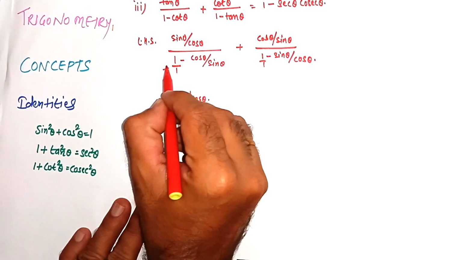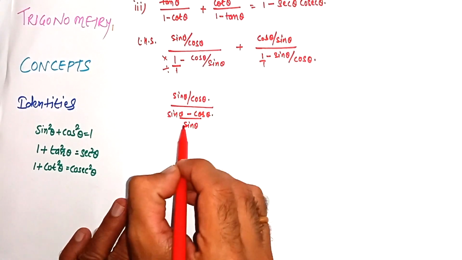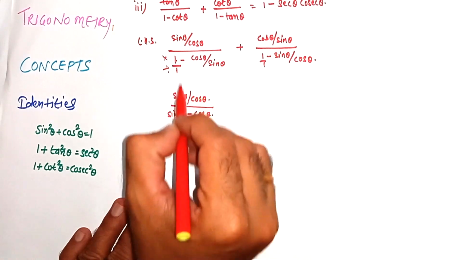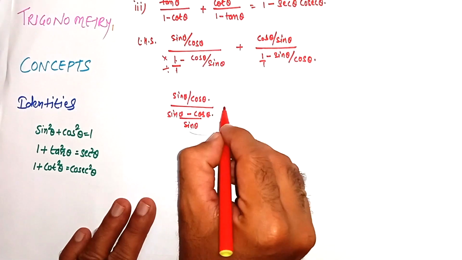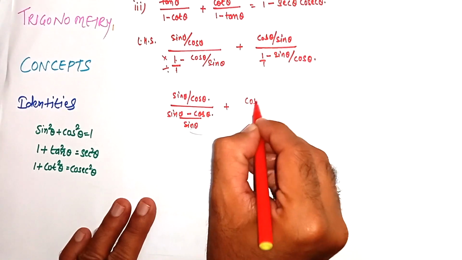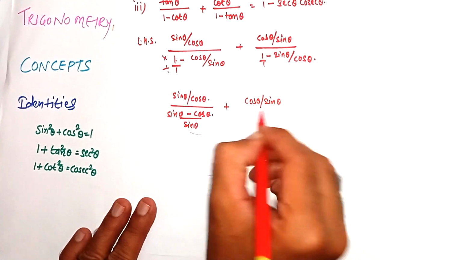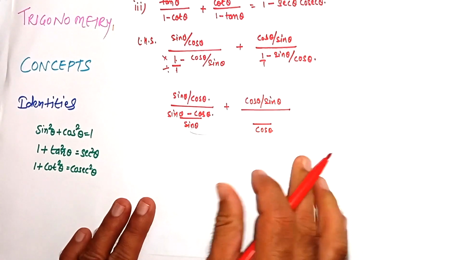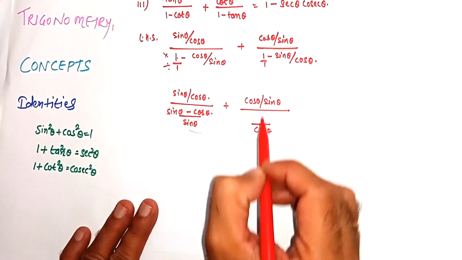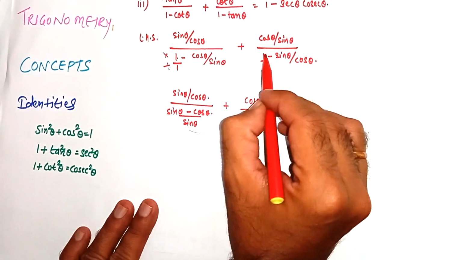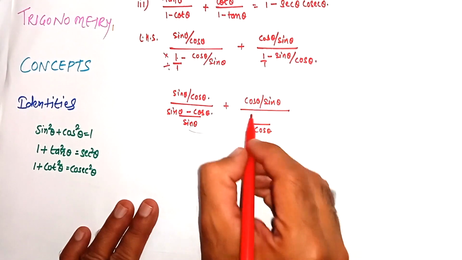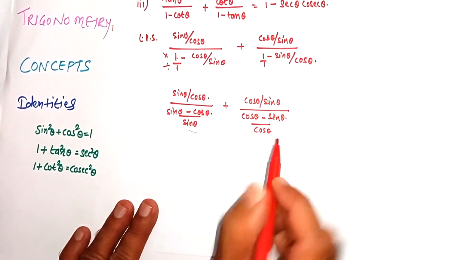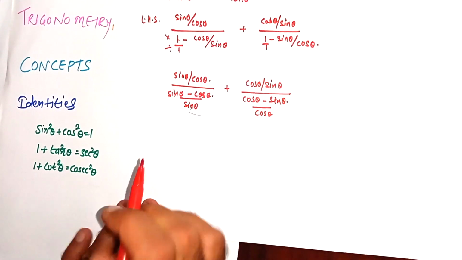See, again we can apply the divide and multiply rule. 1 divided by sin theta will become sin theta multiplied by 1, which is sin theta. Now this addition sign, cos theta over sin theta, again the LCM will be cos theta here, and this 1 divided by cos theta, and this cos theta multiplied by 1, which will become cos theta minus sin theta. I hope you are following it.